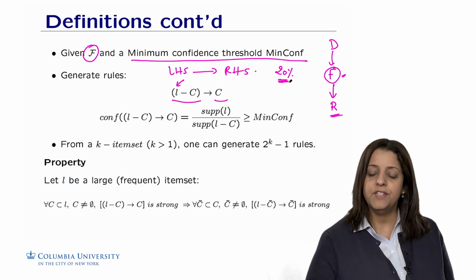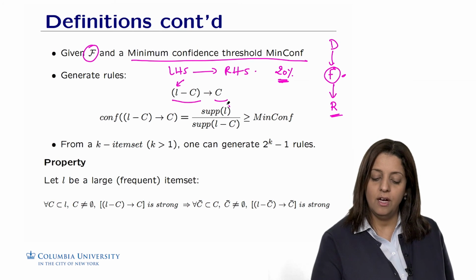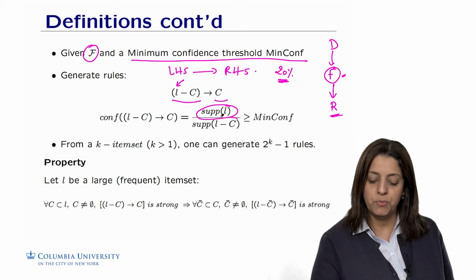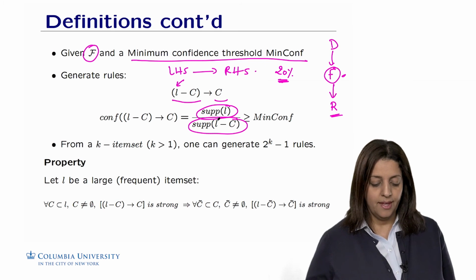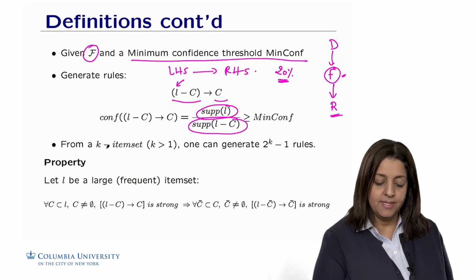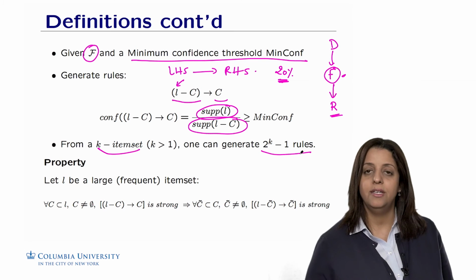Confidence is calculated as the support of the item set L divided by the support of the item set L minus C. If this exceeds the minimum confidence, then we keep it as a strong rule. Otherwise, we reject it. For an item set of size k, we can generate 2 to the k minus 2 possible rules.